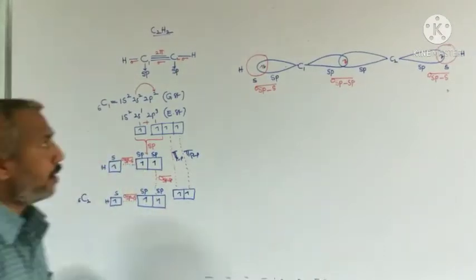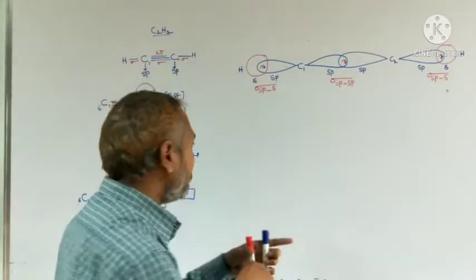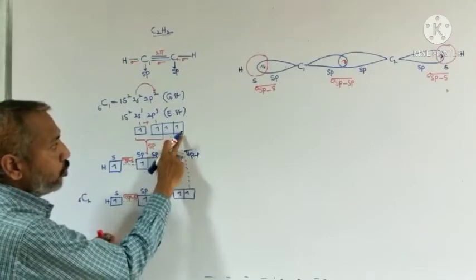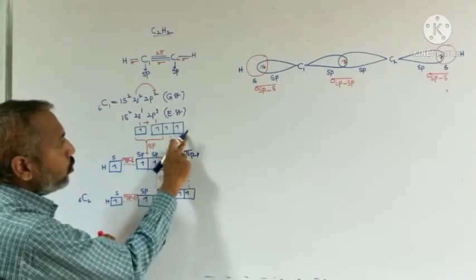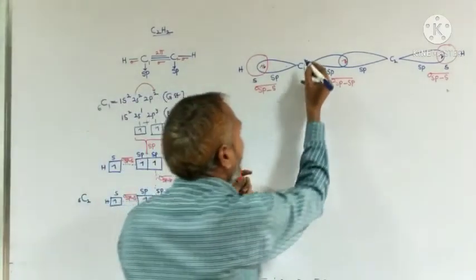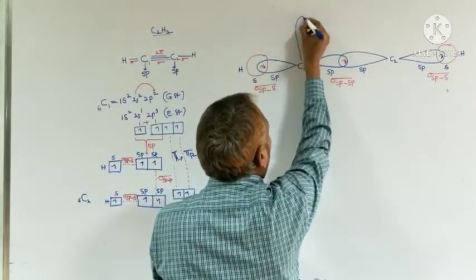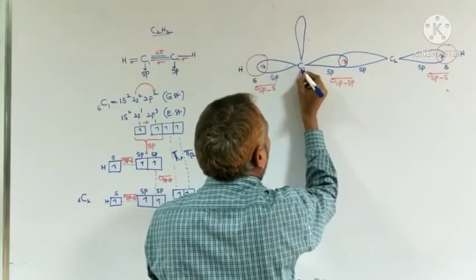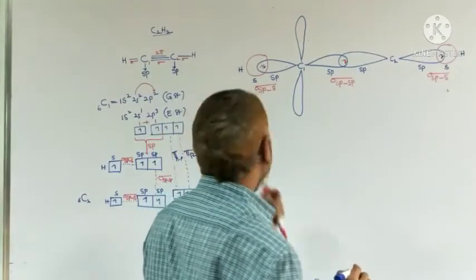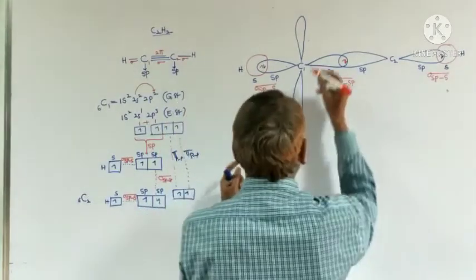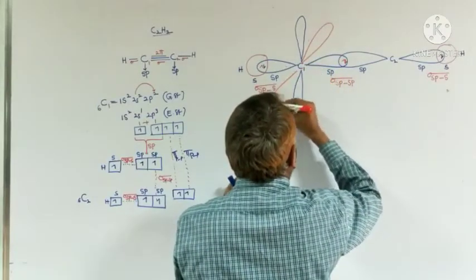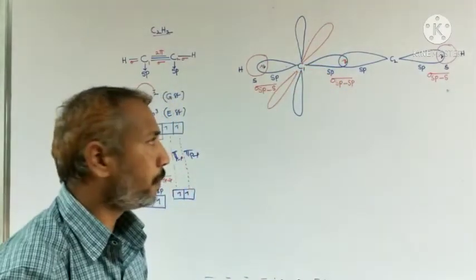Now the pi bonds. How many p orbitals are remaining? The C1 carbon contains two unhybrid orbitals, which are p orbitals.